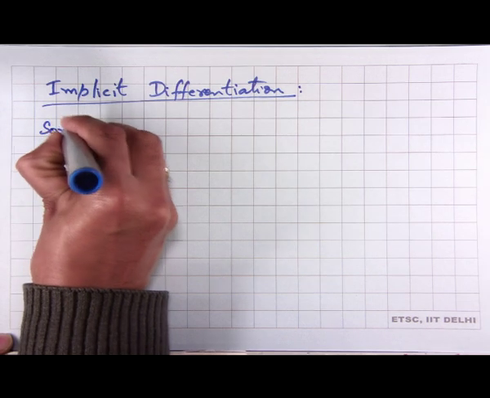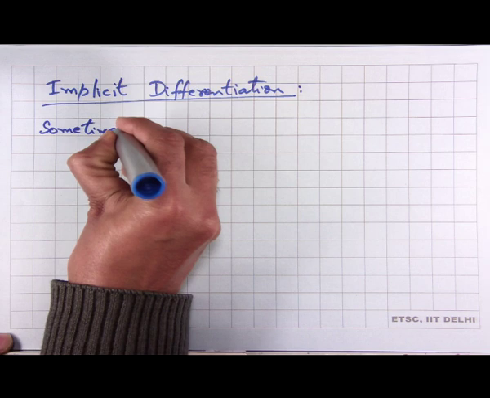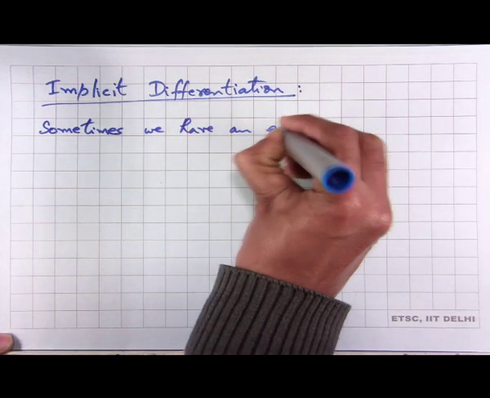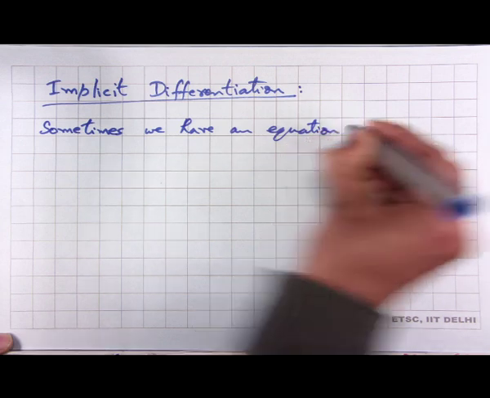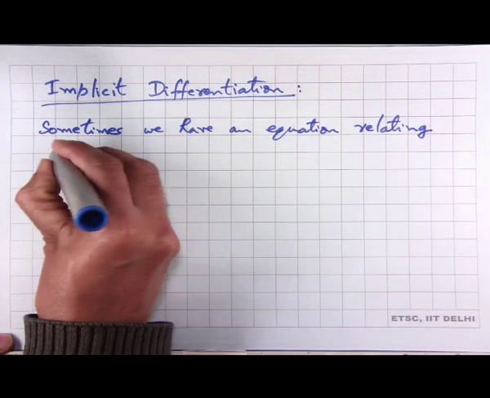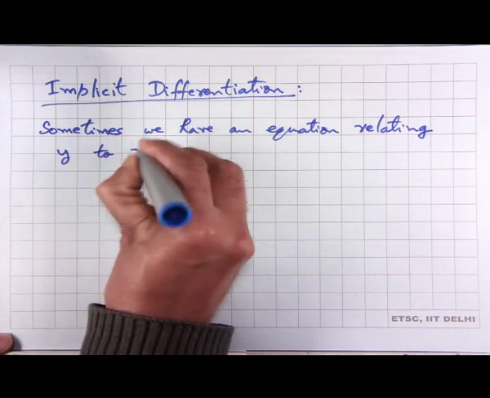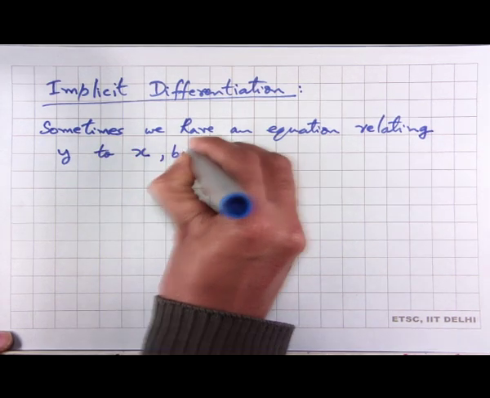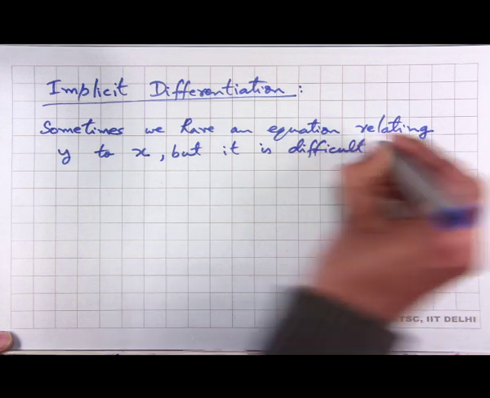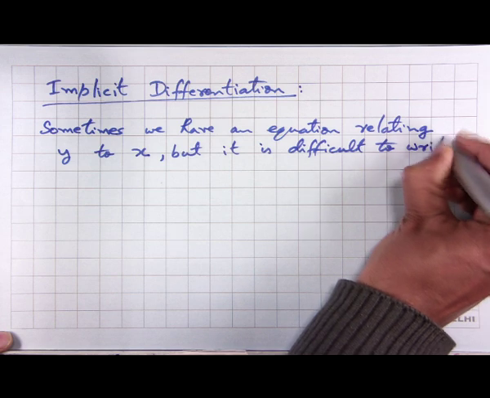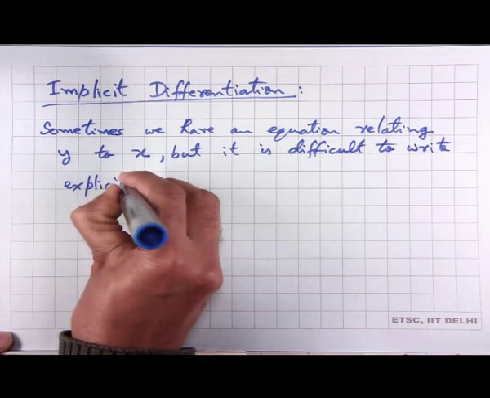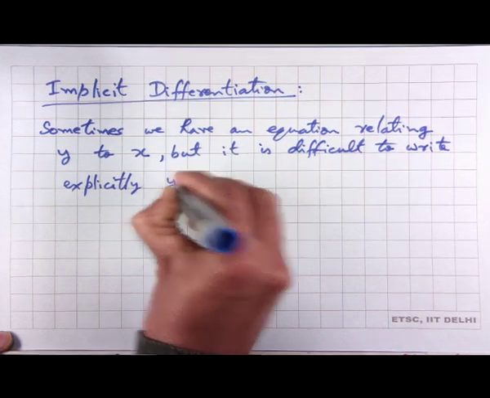Sometimes we have an equation relating y to x, but it is difficult to write y explicitly as a function of x.